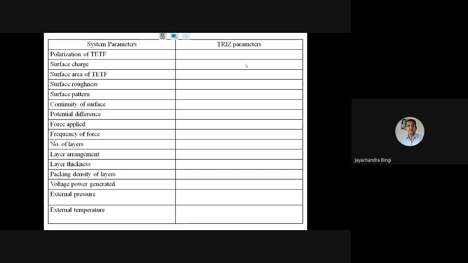Okay. Then that means it is less rough, it's smooth. Material continuity? Just below that something is there. Continuity of the surface. Like closely arranged, periodic or non-periodic. Continuity of the surface is periodic or random.